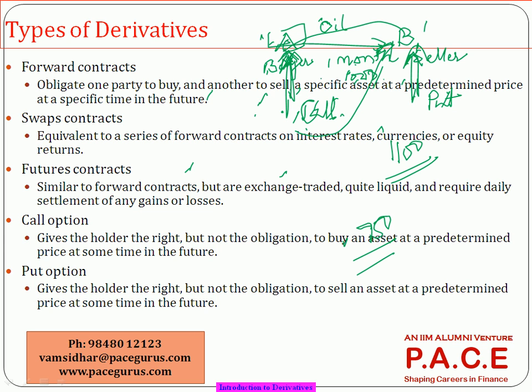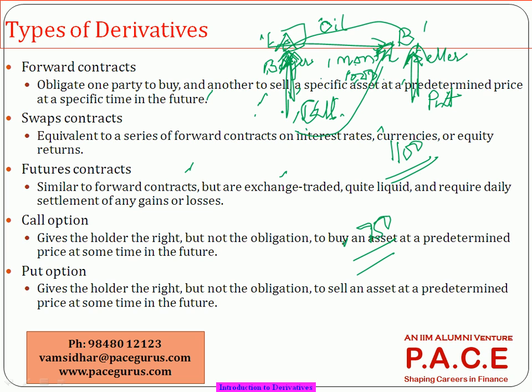Only in case of options, one party will pay some fixed money, some defined money to the other party on day zero itself, and that money payment is happening just to give a kind of an advantage to one of the two parties to decide whether they want to get into the contract on that last day or at a future date, whether they want to get into the contract or get out of the contract. Even if they get out of the contract, the other party cannot do anything there.